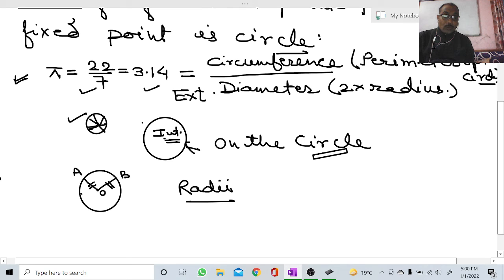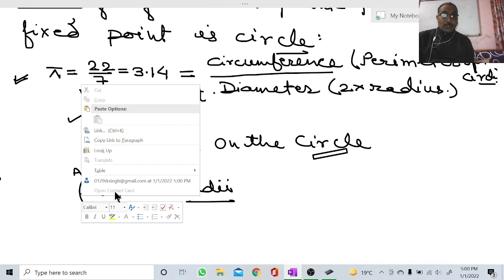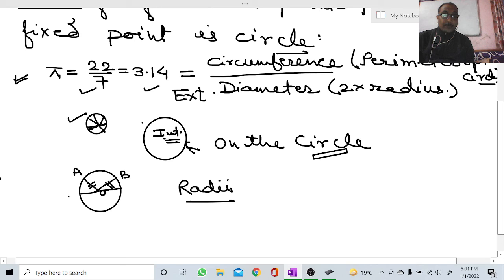And if you draw a line that will pass through the center of the circle and whose end point on the circle, that is called diameter. So PQ is the diameter, and this will be equal to 2 times radius of the circle.